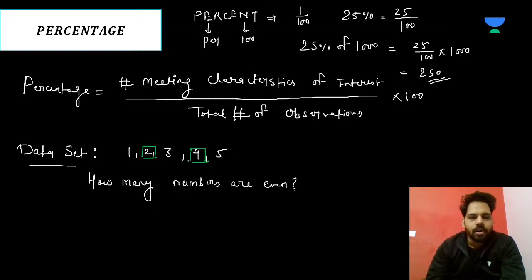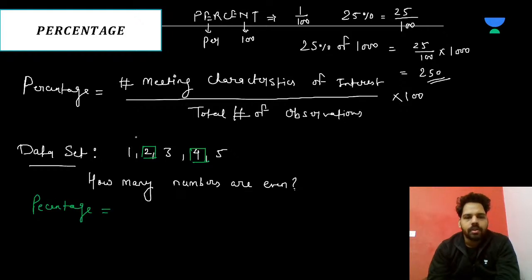So if I talk about percentage, first of all, I'll write the formula. Percentage is equal to the hashtag of characteristics of interest. That means the number of values which are of our interest. We just want the numbers that are even, so we can write here 2 and 4. How many are there? 2 only.